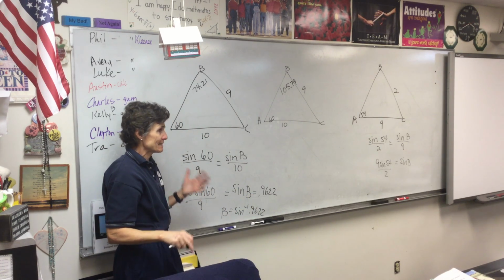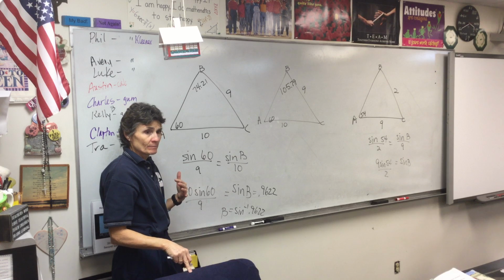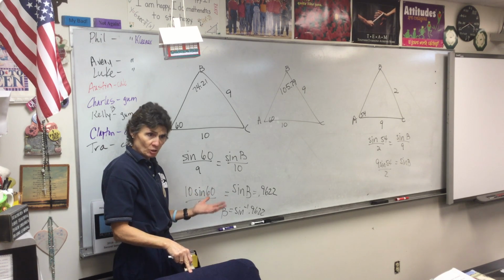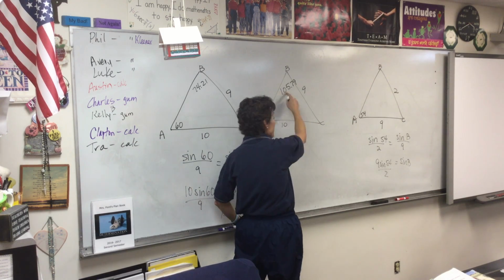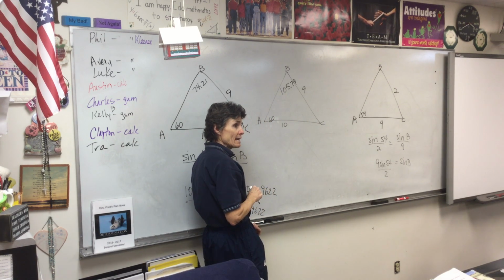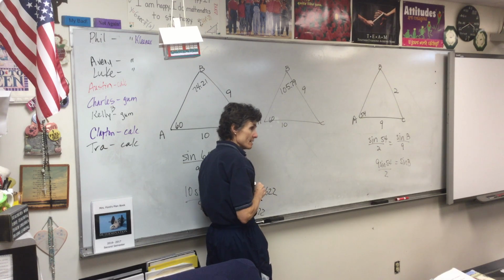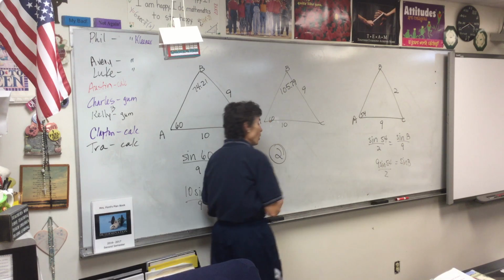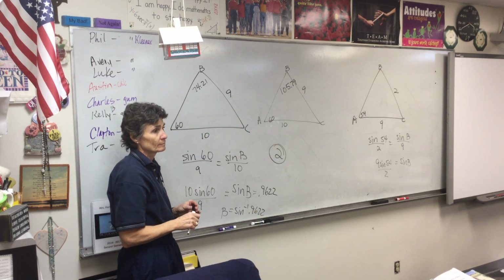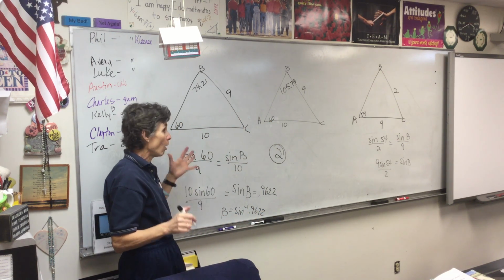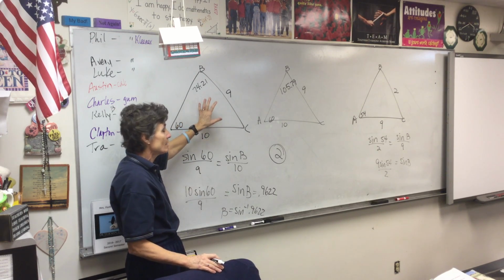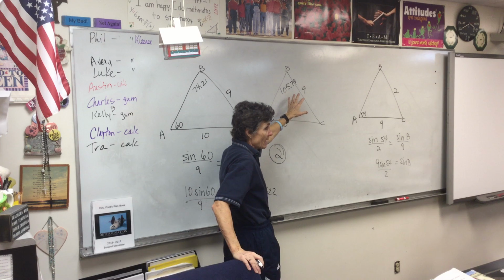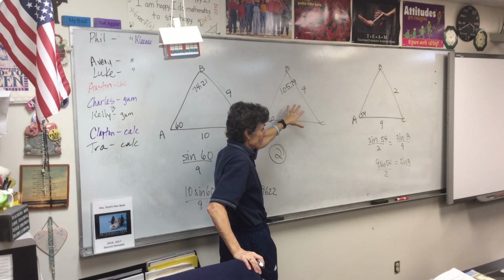That's 165. Is that less than 180? Yeah. It's only not okay if these make more than 180. So how many answers does this problem have? 2. They both work. The first one will always work. You never have to worry about it. It's the second one sometimes that won't work.